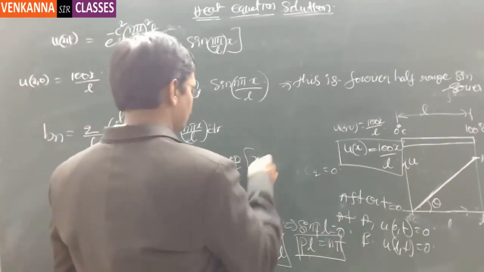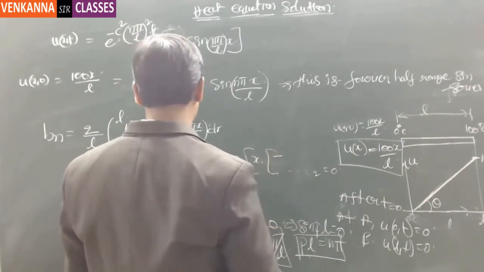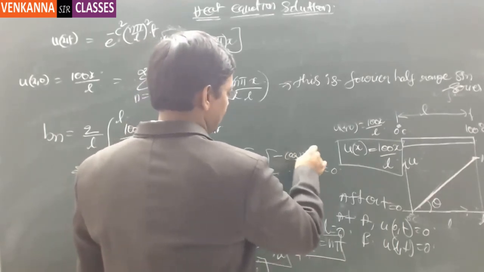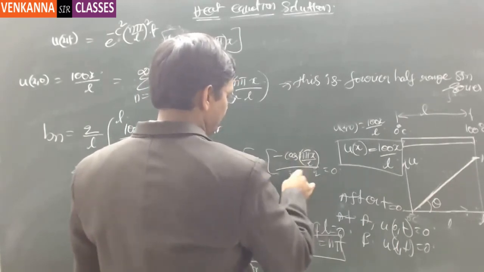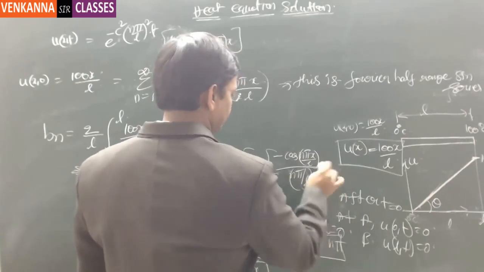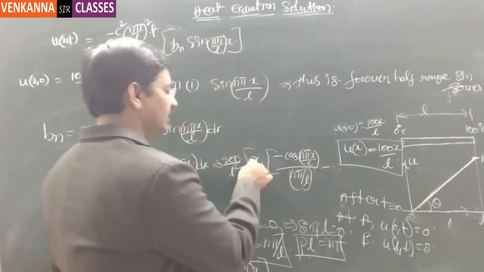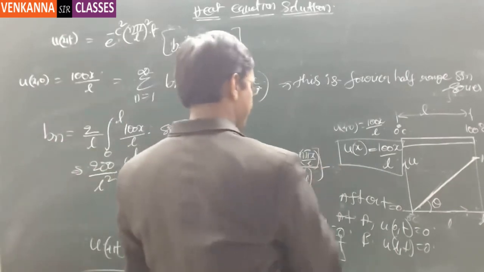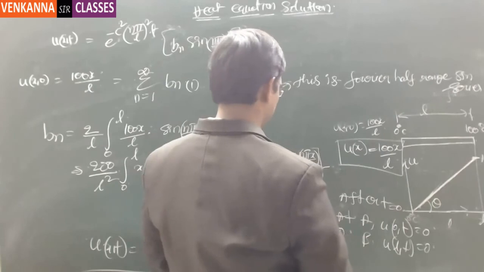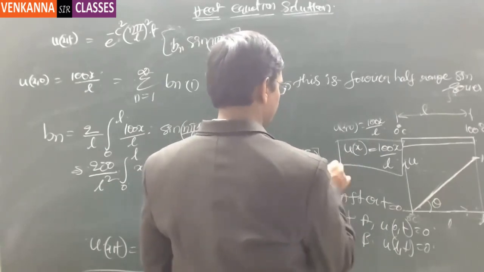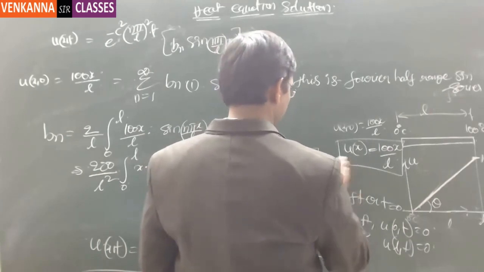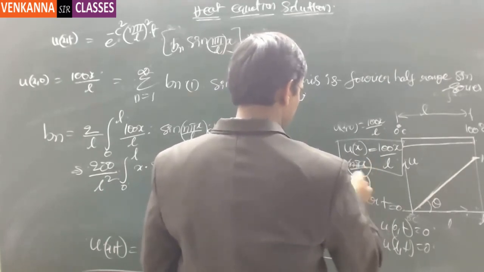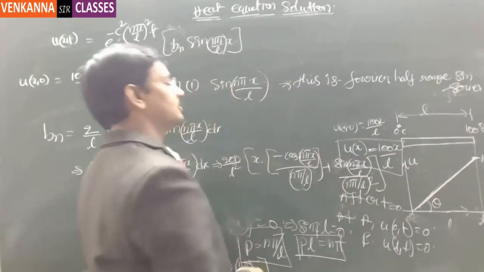This is u into the integral of sine, so minus cos(n pi x by L) divided by n pi by L, minus the derivative of x, which is 1, and the integral of this, so minus the integral of cos, which is sine, so minus sin(n pi x by L) divided by (n pi by L) whole square. So this is how you are going to get it.